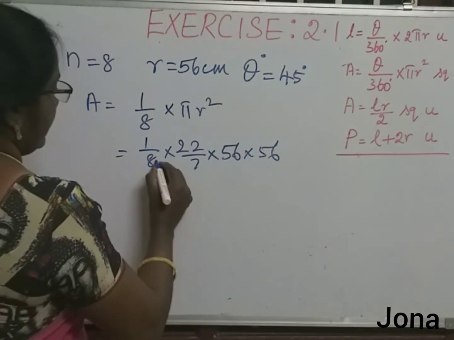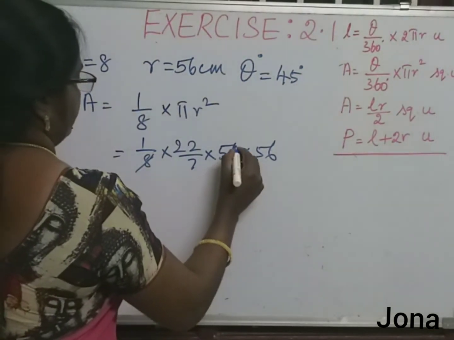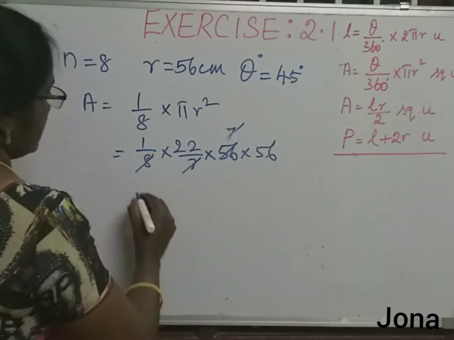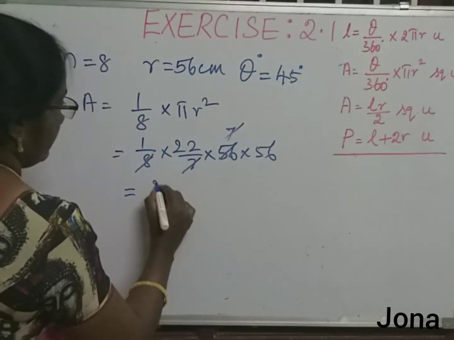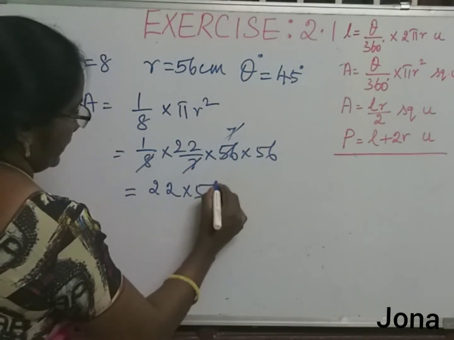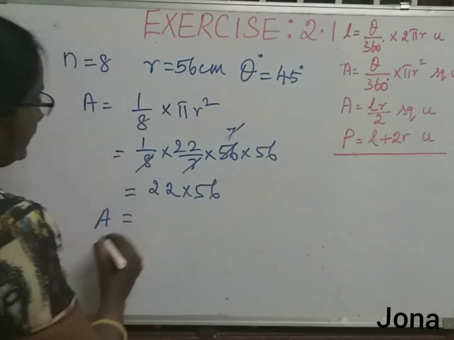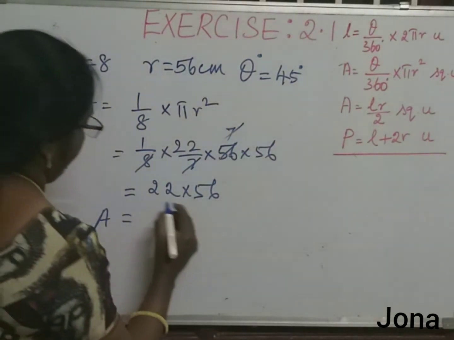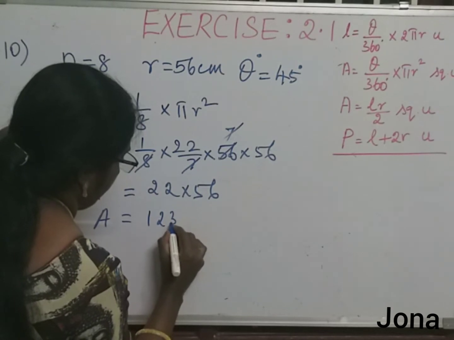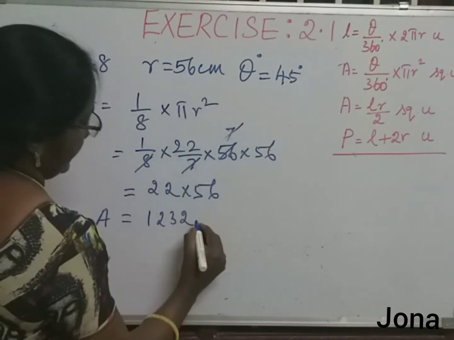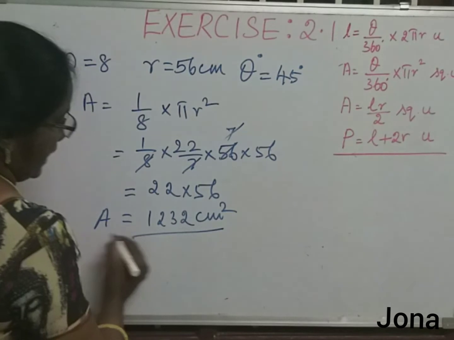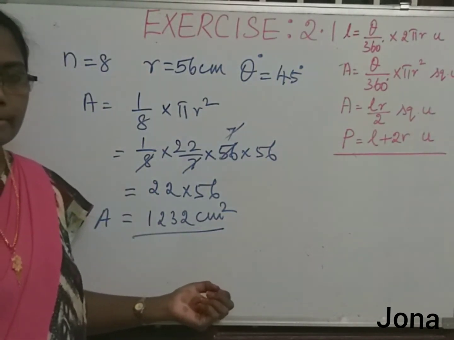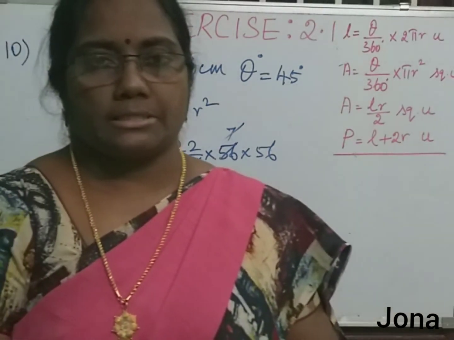So we can cancel that 7 times, cancel this and this, and then we have to multiply 22 into 56. So A equals 22 into 56, which is 1232. This is centimeter, so I can write this as 1232 centimeter square.